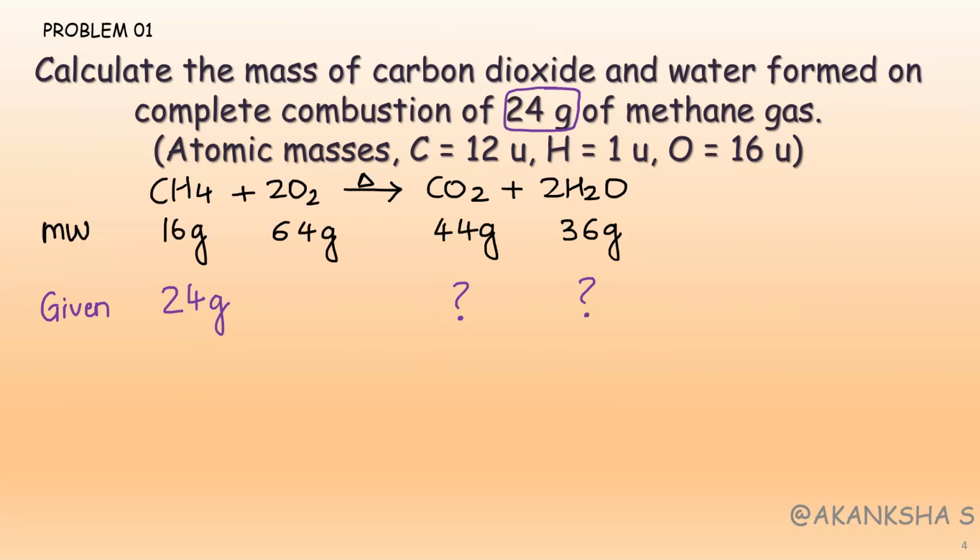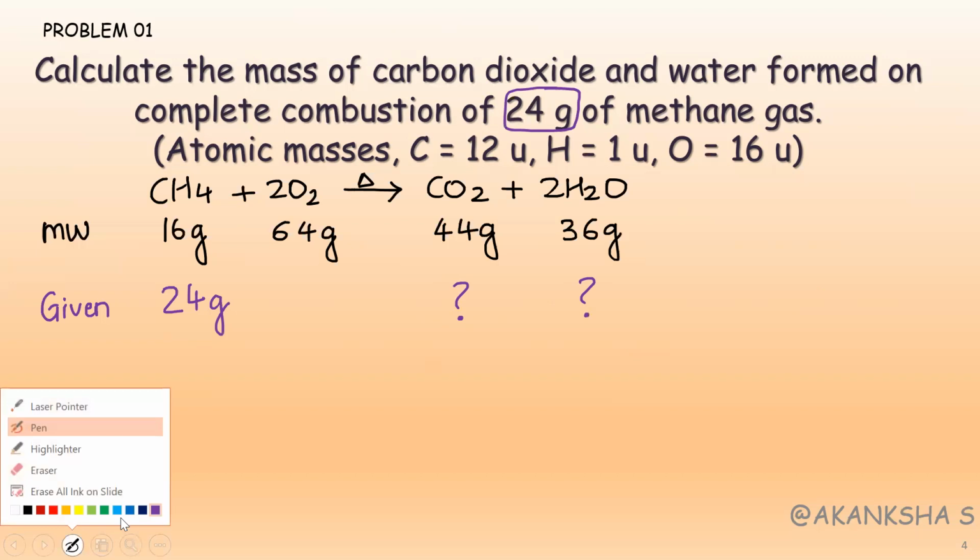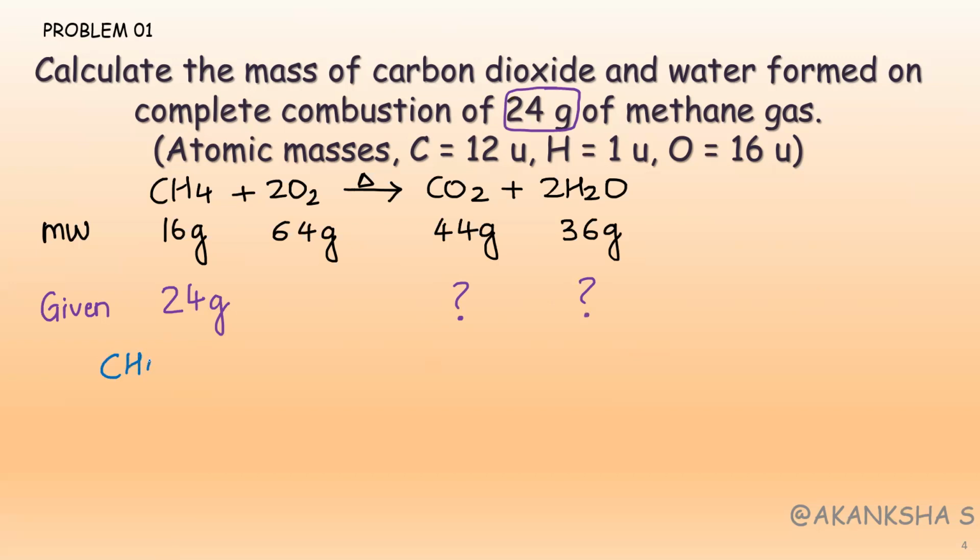So let's try to tackle these two equations one at a time. Okay, so from CH4, they are asking us how much CO2 has been generated. And again from CH4, how much H2O is generated.